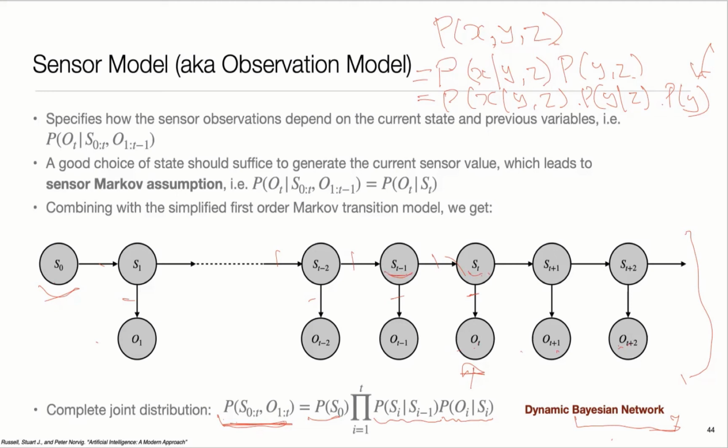By the way, it's the same distribution here as it is anywhere else, so I just need one distribution there. Any questions on the model itself?